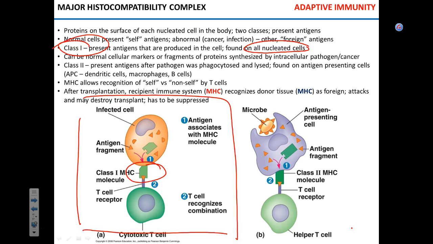So, think about this. Normal cell produces these antigens, self-antigens, we call them self-antigens, as a part of life cycle. What happens to the cell if it gets infected with an intracellular pathogen, say a virus?